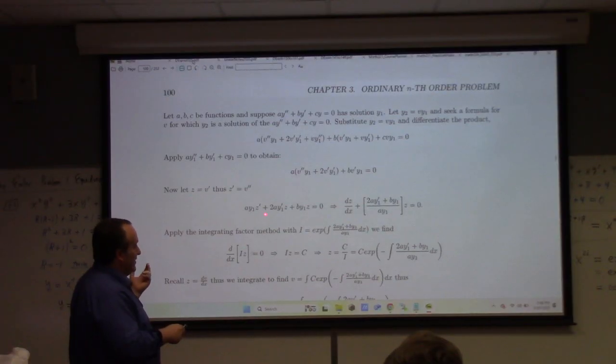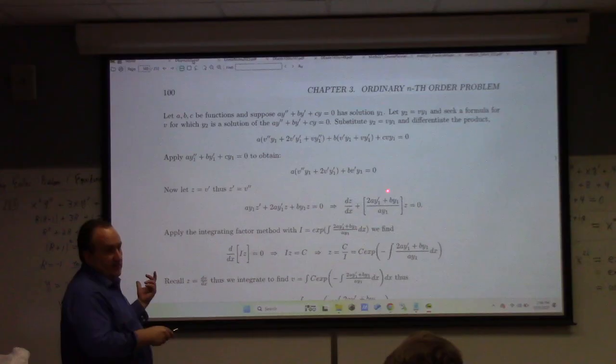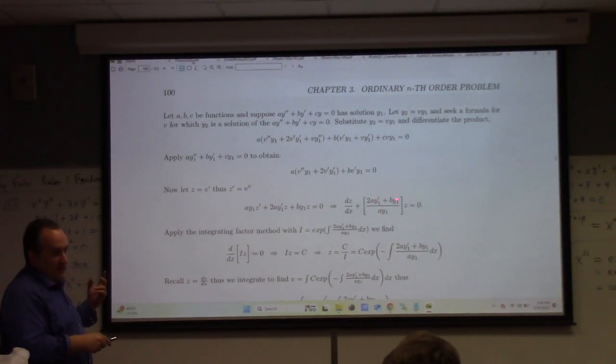This is reduction of order. And it just so happens to give you this linear differential equation in z that involves the solution that you know, its derivative, and the coefficient. Now, by the way, the a, b, and c here could be, well, they are functions. They could be functions.